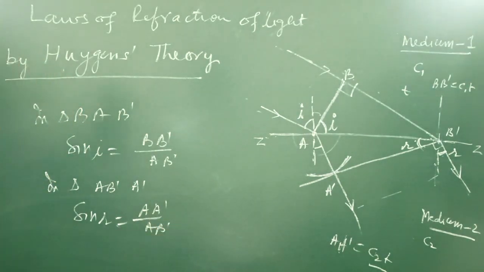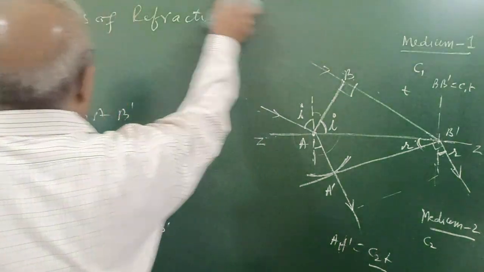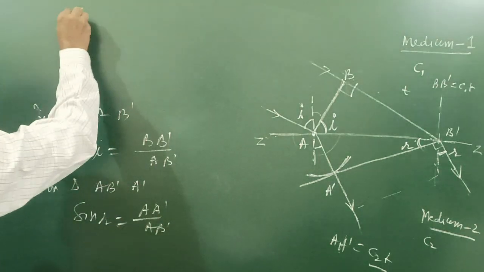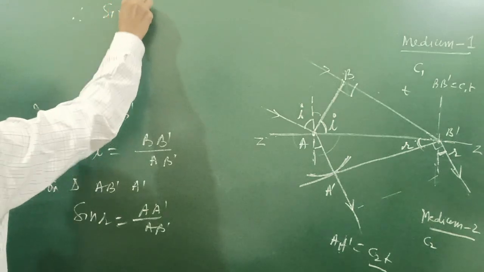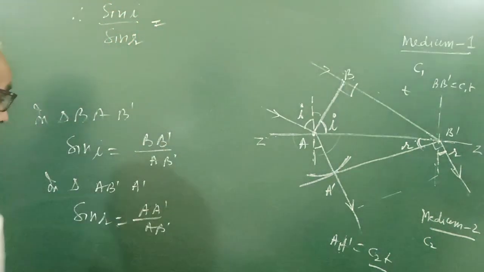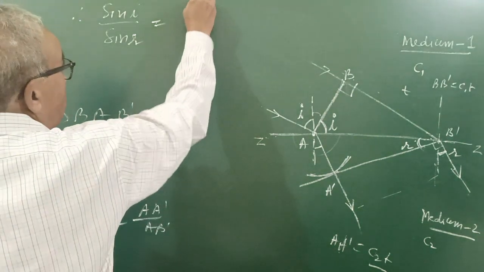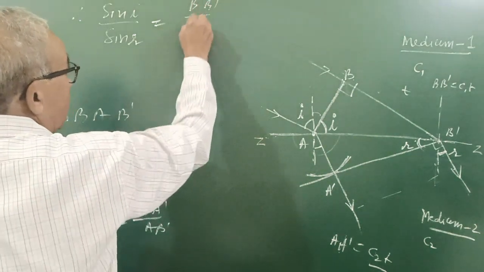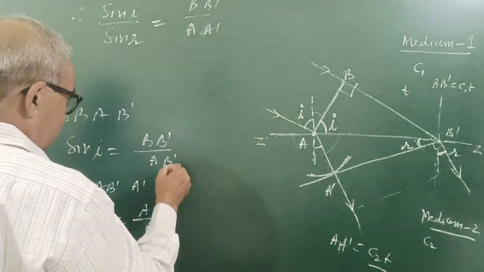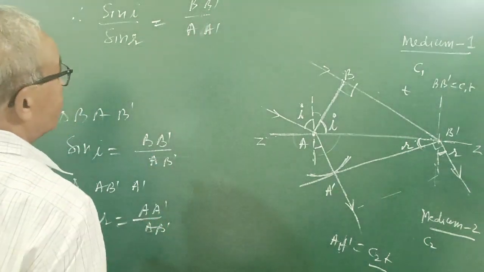So dividing, sin I upon sin R is equal to BB dash upon A dash A. AB dash get cancelled.